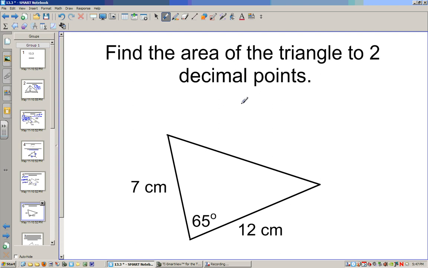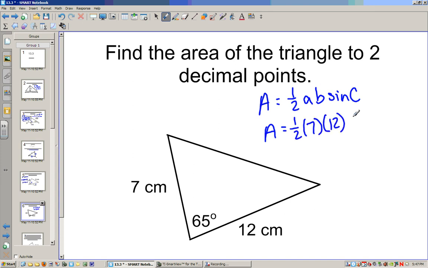Okay, hopefully what we did is we used our area formula again that we just found, so 1/2 a times b times the sine of c. Our a and b are 7 and 12, so area equals 1/2 times 7 times 12 times the sine of 65.